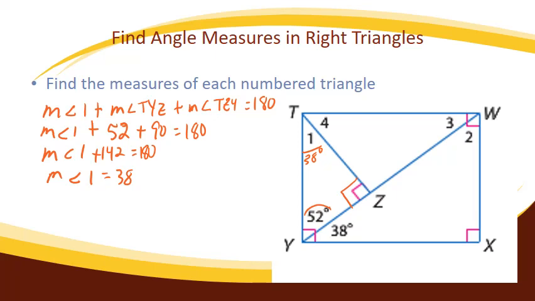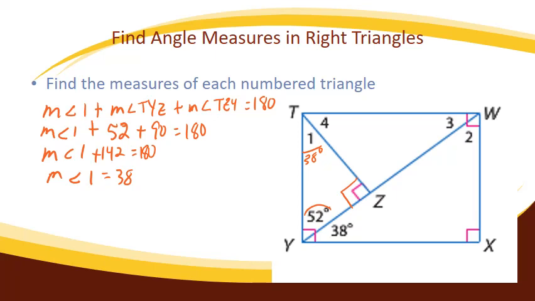All right, let's see. How about angle 2? All right, so the measure of angle WYX is 38, and the measure of angle WXY is 90, and here we got the measure of angle 2 sitting out here.